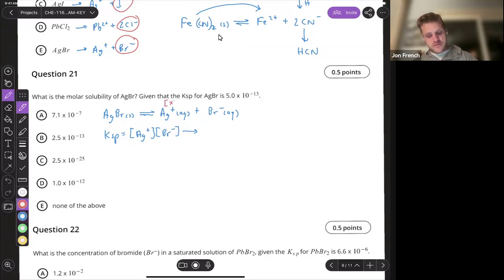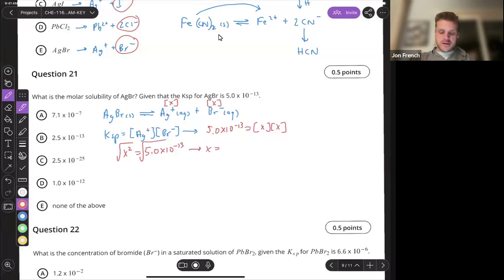We don't know silver, so we'll call it X, and it should be formed in a 1-to-1 ratio with bromide, so we'll call both of them X. So 5 × 10⁻¹³ equals X times X, so X squared. Taking the square root of both sides, X equals 7.1 × 10⁻⁷.